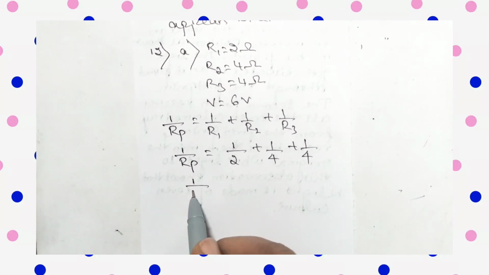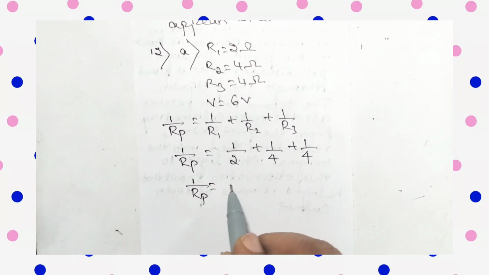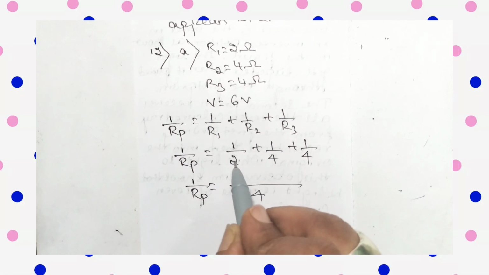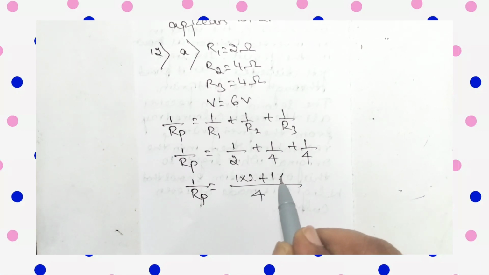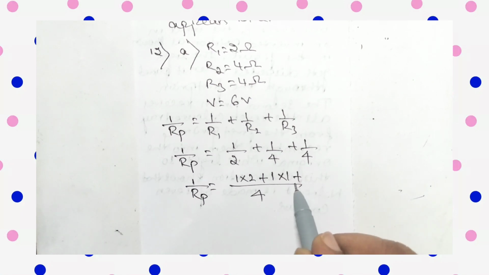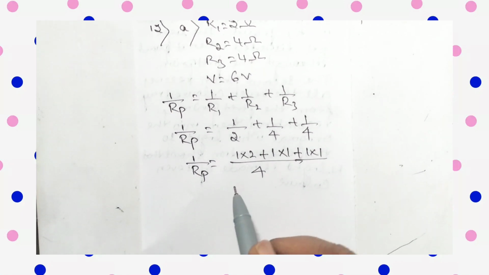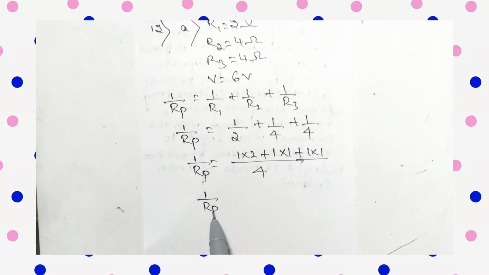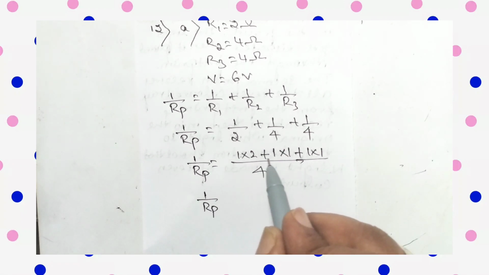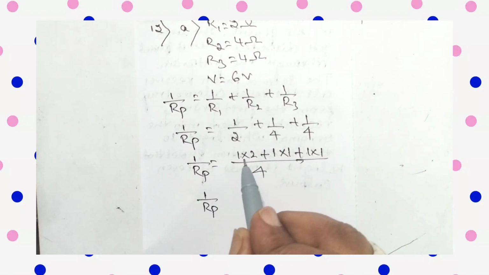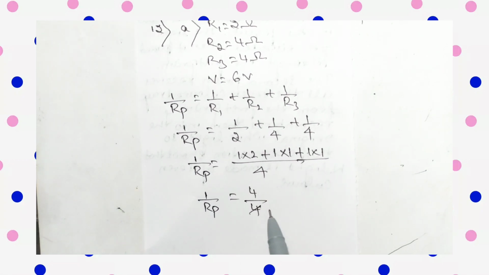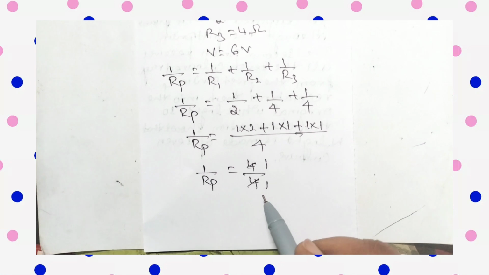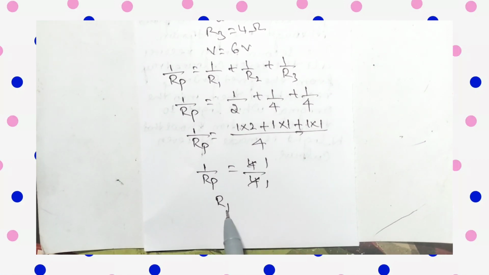So 4 is the LCM. 2 ones are the 4, 2s are... 4 ones are the 1s are plus 4 ones are the 1s are. So 1/Rp is equal to 2/4 plus 1/4 plus 1/4, that is 4/4. Reciprocal of 1/Rp is Rp.